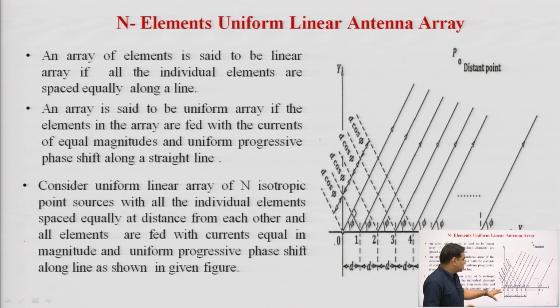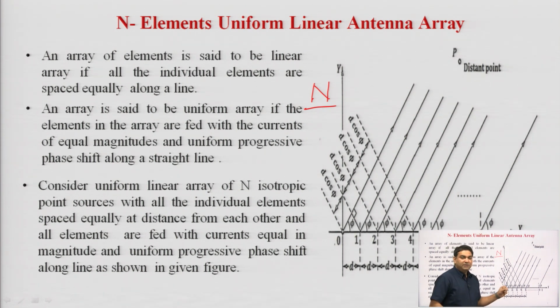In this figure it is shown clearly that n elements are placed. At the origin element number 1 is placed, then at distance d element number 2, at distance d element number 3, and so on. The last element is numbered n minus 1, so the total number of elements in this antenna array system is n.